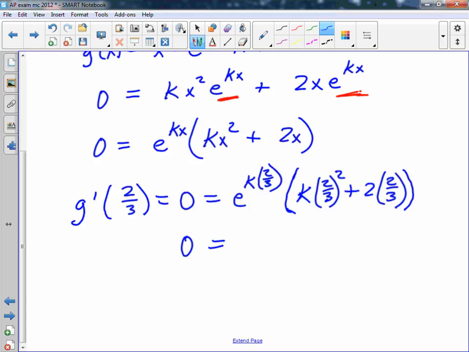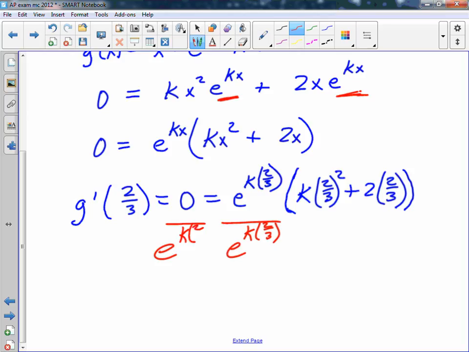That was kind of sneaky. I divided both sides. Shoot, that's even easier. Notice that this is something times something else equals 0. Well, what does that mean? I can get rid of part of this. That's a little bit tricky. I can divide both sides by that.